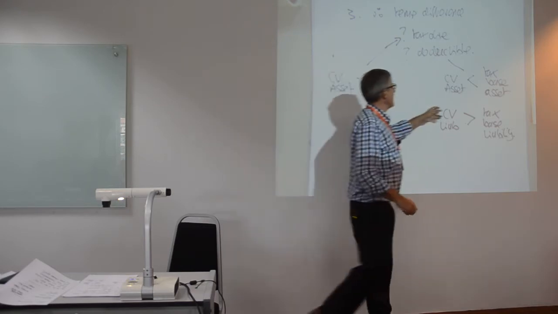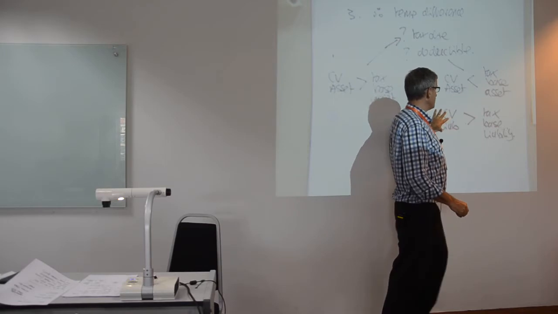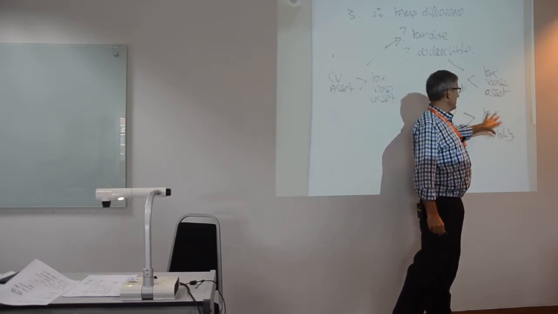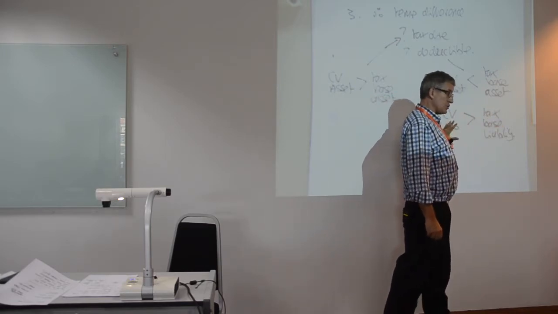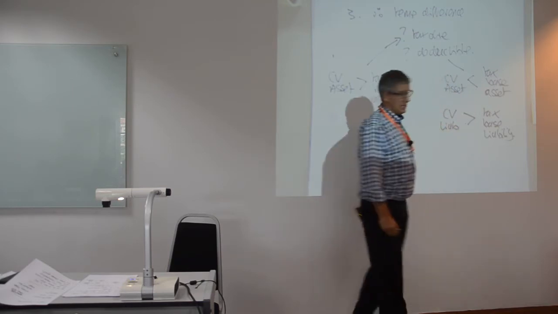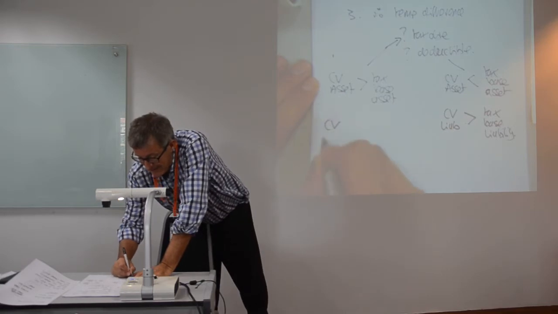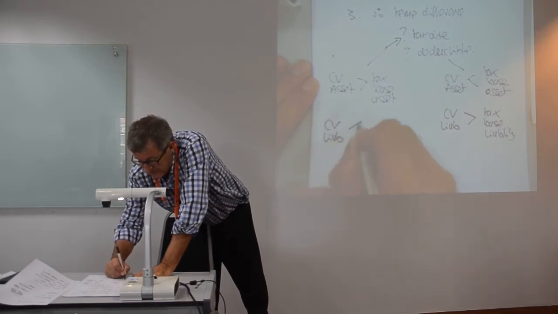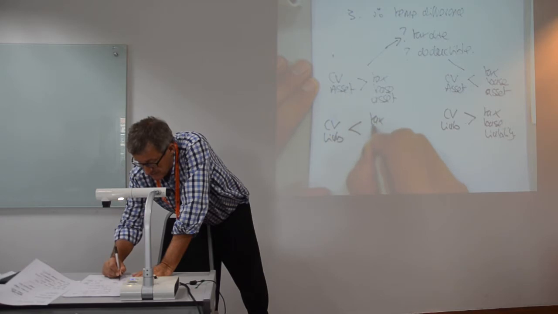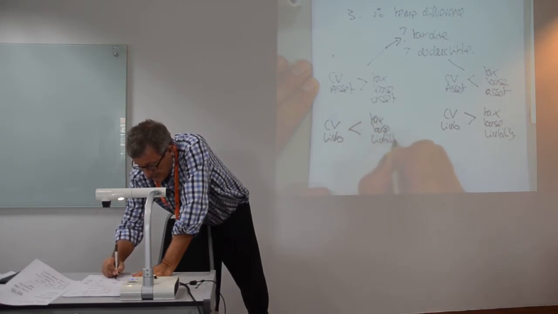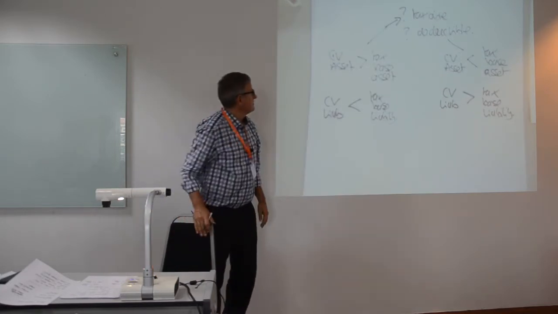Often the tax base is nil, and that means you've got a loss, you've got an expense. I suppose I will put it in. But if the carrying value of the liability is less than the tax base of the liability, then you've got a deductible temporary difference.